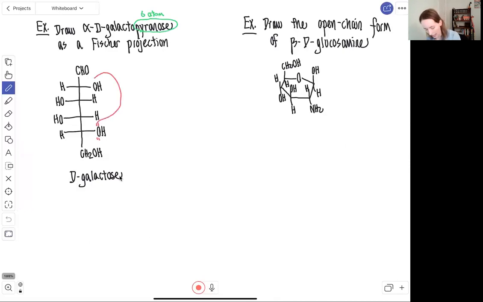It attacks the electrophilic carbonyl carbon atom of the aldehyde to form a hemiacetal in this non-enzymatic spontaneous reaction. That reaction generally favors the product side, the cyclized side, so that's why I've shown the arrow is not completely even.